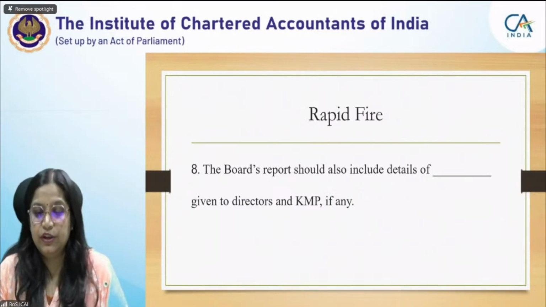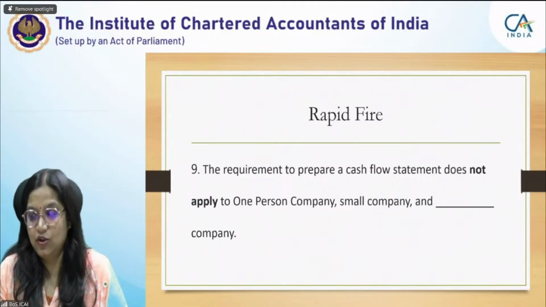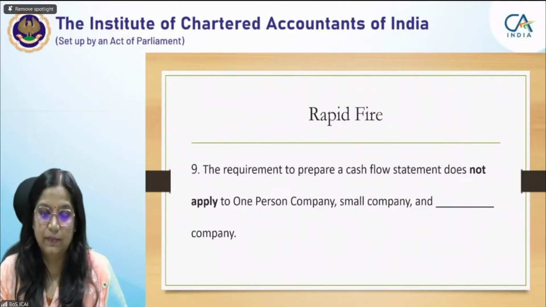The board's report should also include details of remuneration given to the directors and KMP, if any. The requirement to prepare a cash flow statement does not apply to OPC, one-person company, small company, and dormant company.